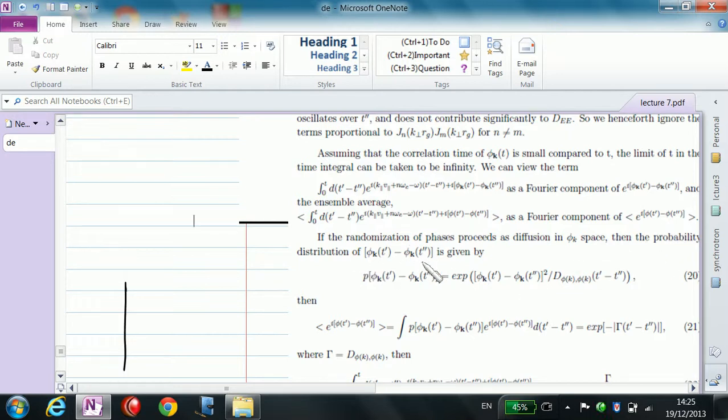The probability distribution of this quantity is given by, okay, here I assumed it was a Gaussian that had a separation proportional to D times the time difference, where D here is the diffusion of the phases, not in phase space but in angle space.